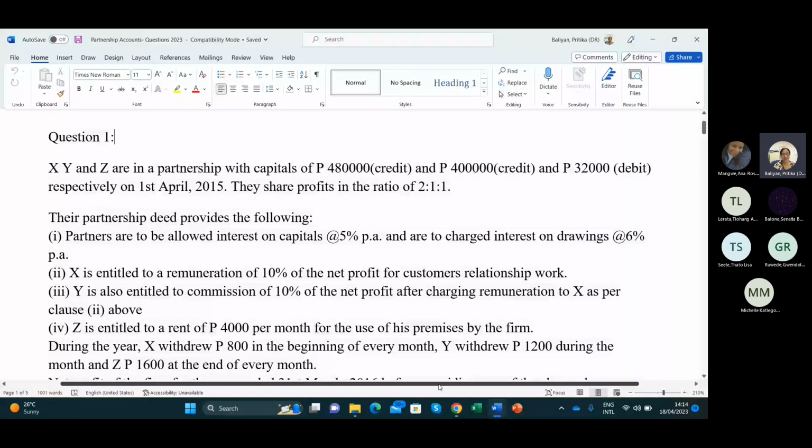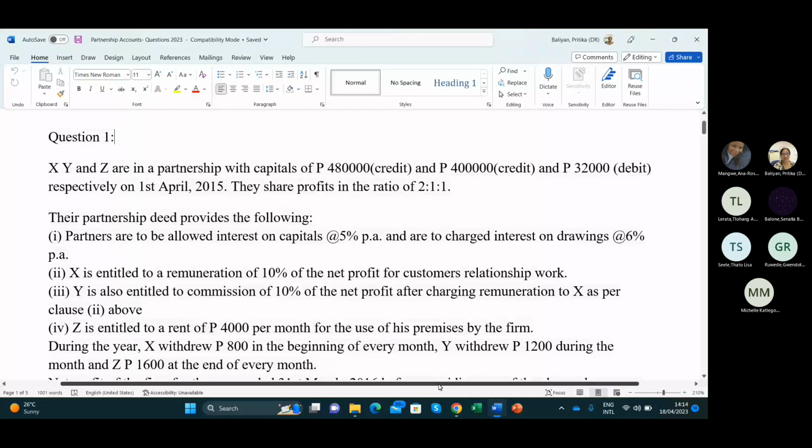So in the partnership deed they say they will get the commission, but the salary will be paid first. So that's what is mentioned in the partnership deed. That's why they say the remuneration of X as per clause 2 above. So after remuneration means the salary and wages.